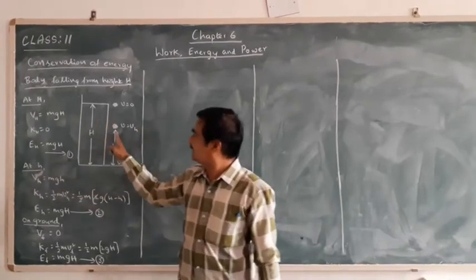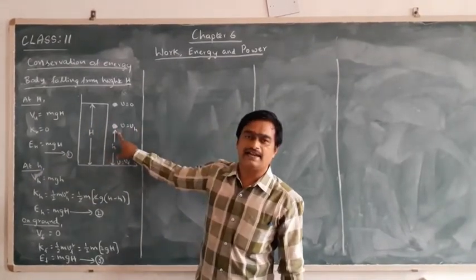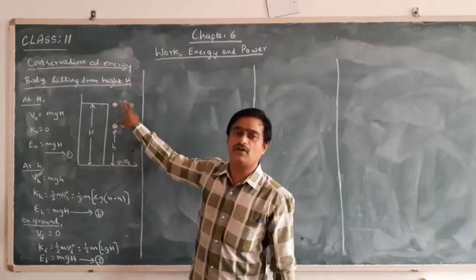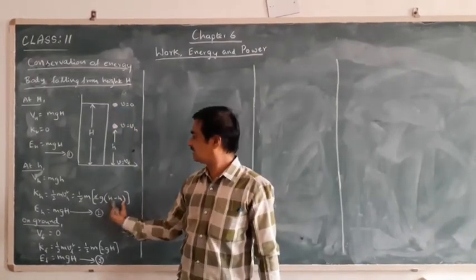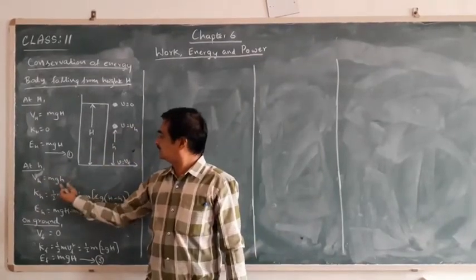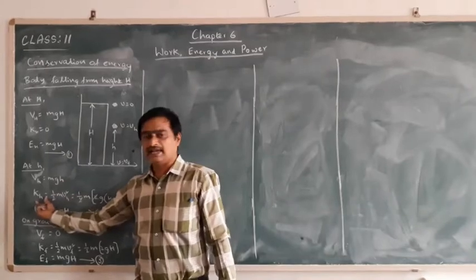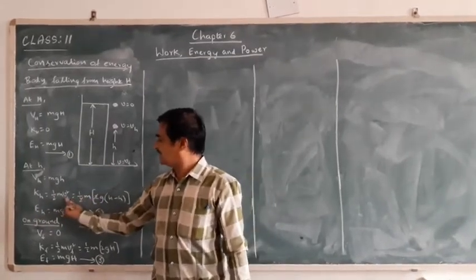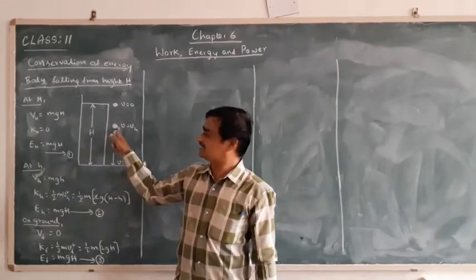Then at a height small h from the ground, it is displaced through a distance of capital H minus h. The potential energy is mgh. The kinetic energy at this height is half m vh square, where vh is the velocity at this point.